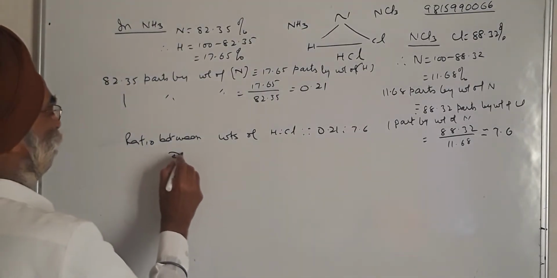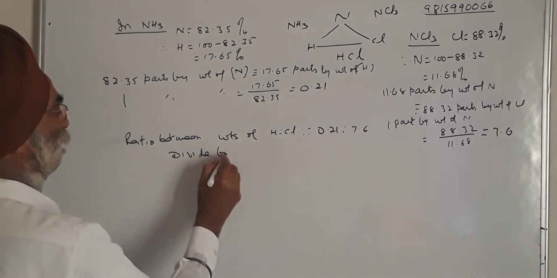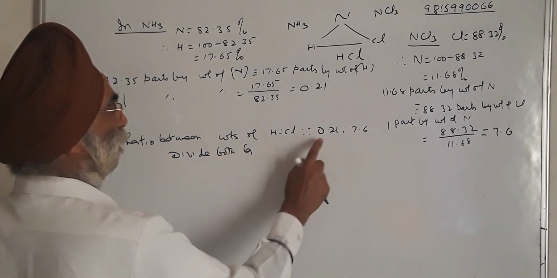Rationalizing, divide both by the smaller one.